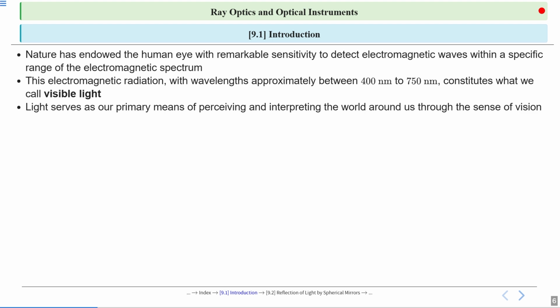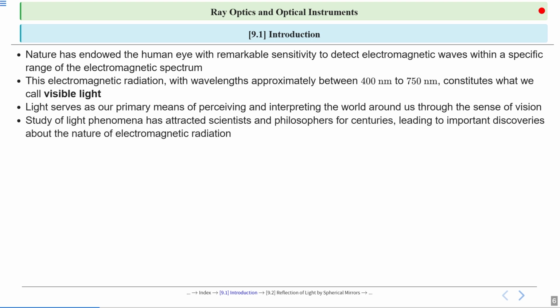Light falling on any object, after reflection, comes to our eyes, and our eyes detect the object and our brain processes it. For vision there should be light. We cannot see properly in darkness because there is no light. So light is required for perceiving and interpreting the world around us through the sense of vision.